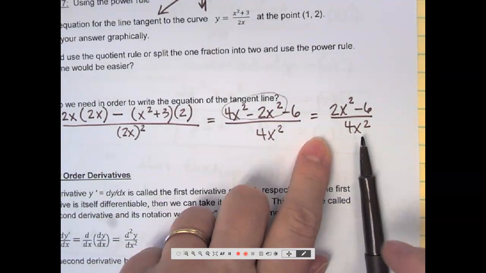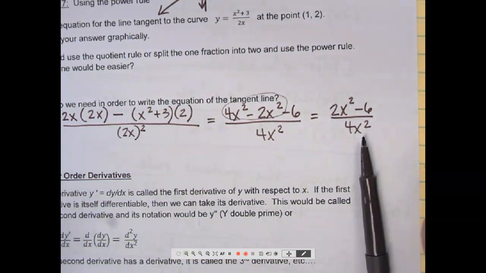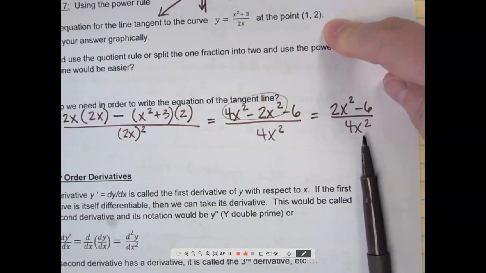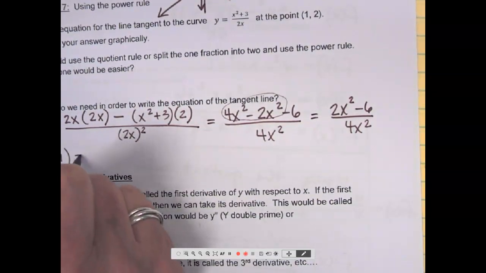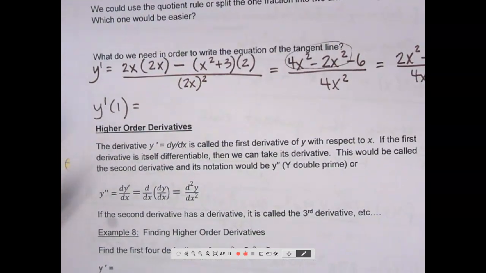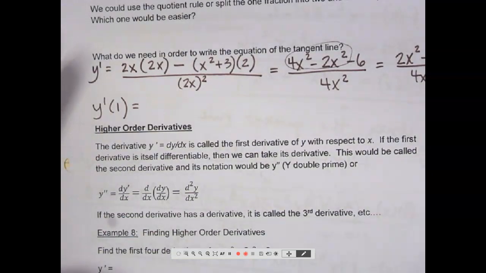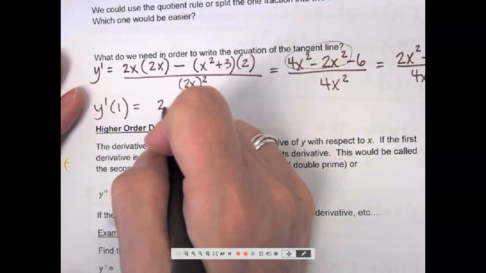This serves as a formula to find the slope anywhere on the curve. I'm interested in this point. At this point, x is 1. So I'm going to evaluate the derivative at 1. So I'm going to find y prime of 1. Anywhere there's an x squared, we're going to sub in the 1.